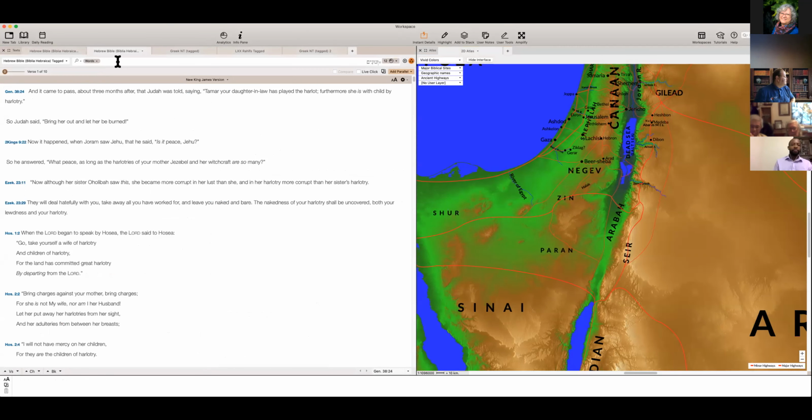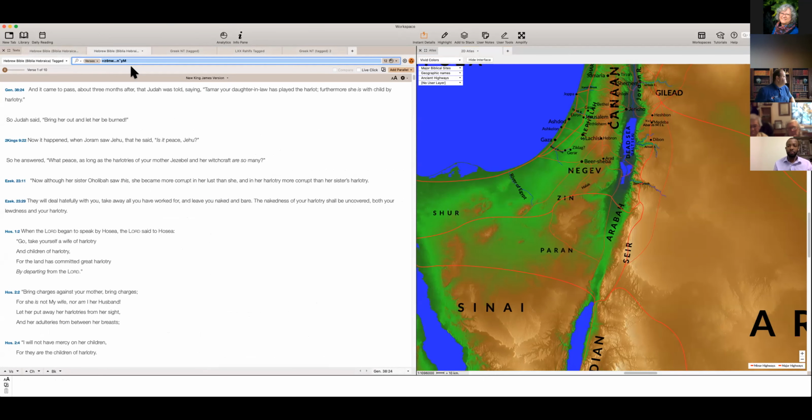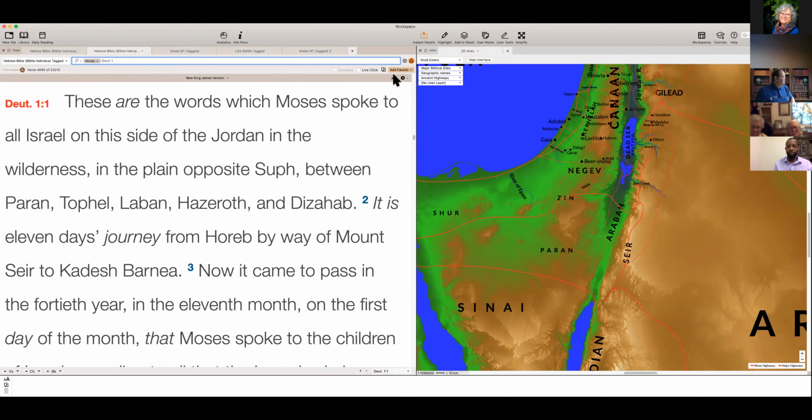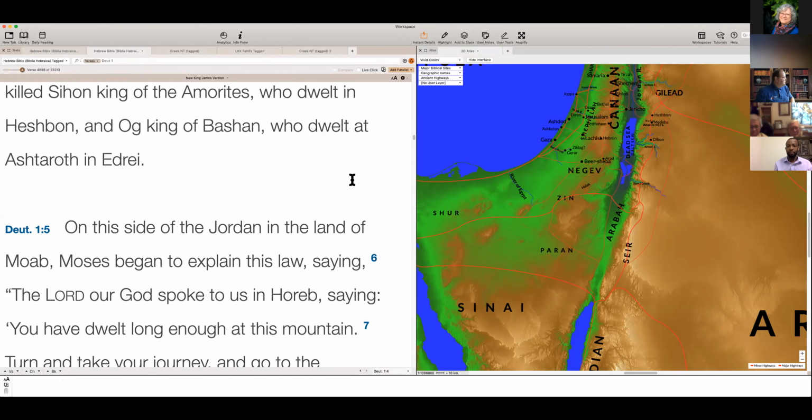Here's the Bible. Here is Deuteronomy. And here's a larger text.